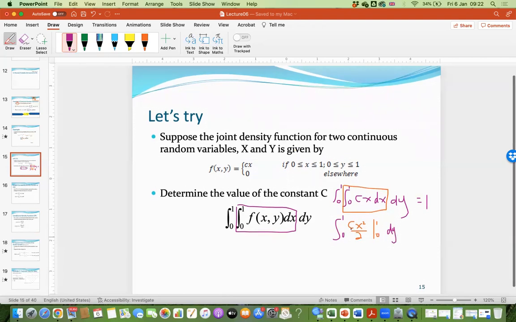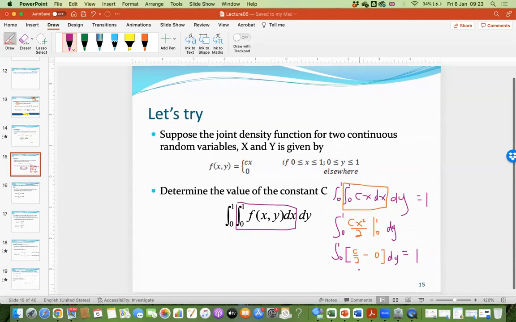Then you plug in the 1, the normal one, and get c over 2, and the other one is 0. And then dy equals 1.